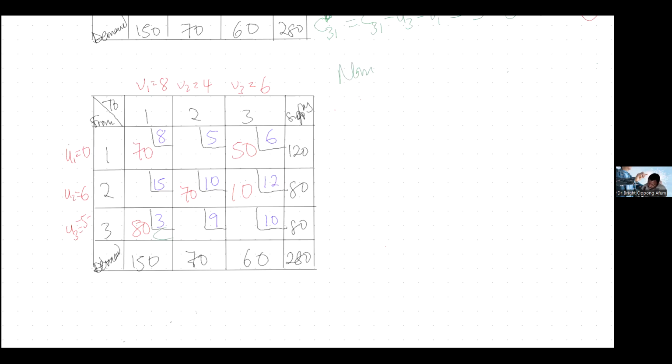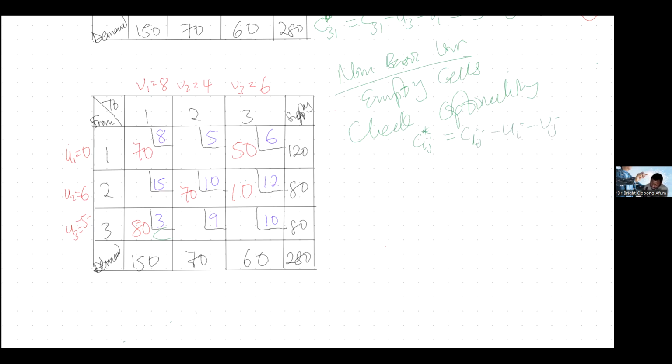So we are going to check for optimality, and there is the formula that we use. Xij asterisk is always equal to Cij minus Ui minus Vj.